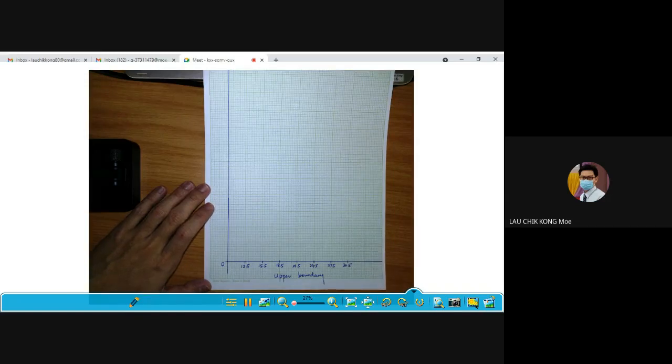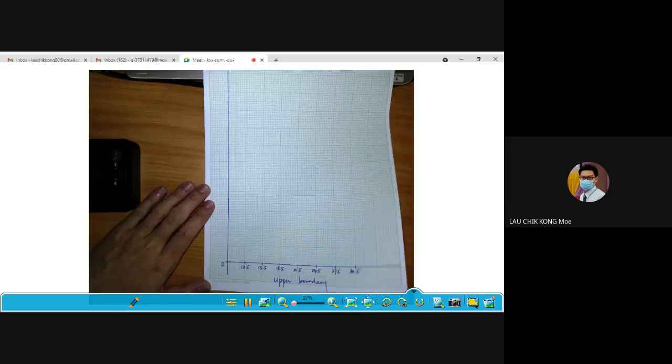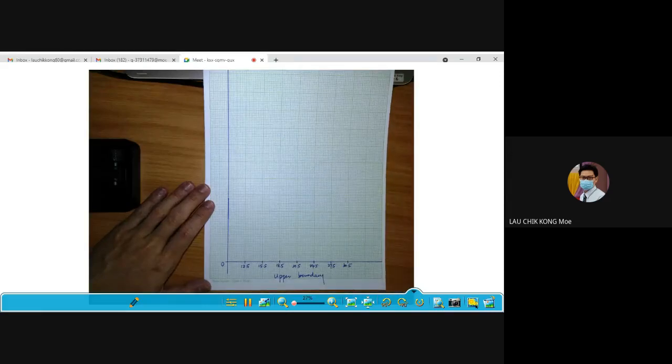So our cumulative frequency goes until 47, right? So actually the scale given is wrong, because if we use 2 centimeter to 2, it is not enough until 47.